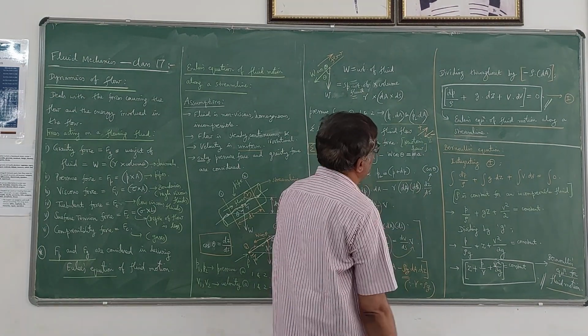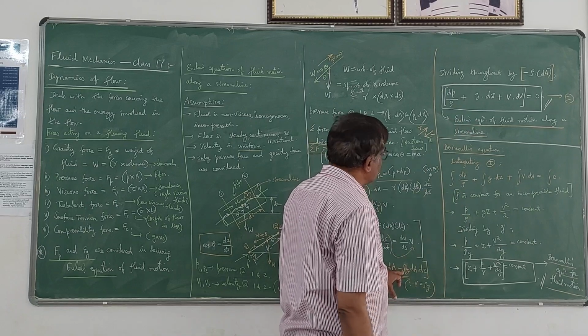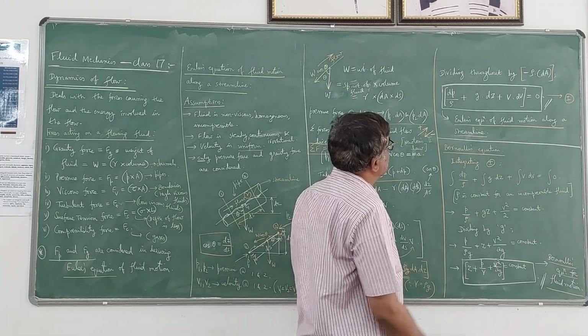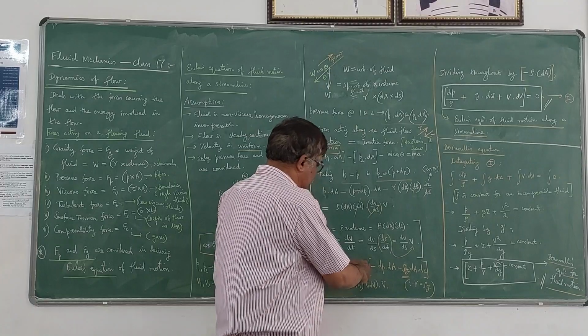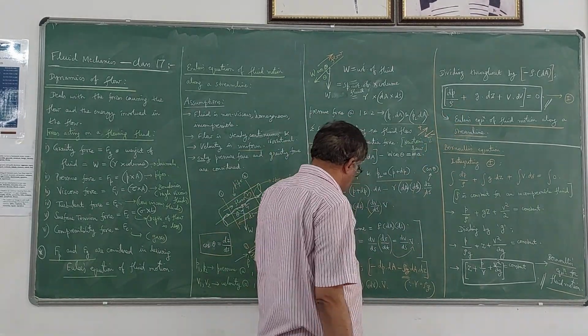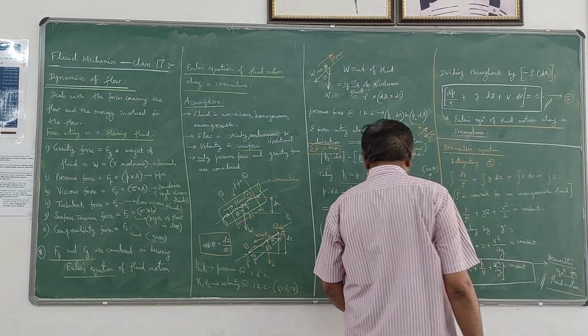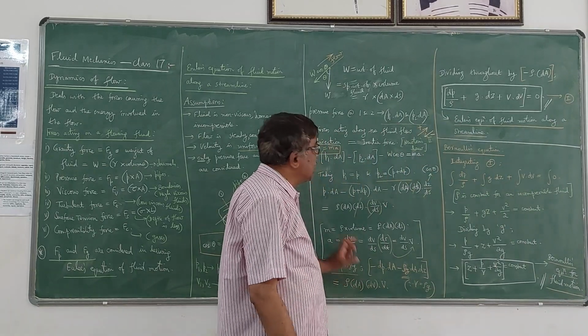The second term, minus divided by minus becomes plus, rho will get cancelled, dA will get cancelled, and you will be left with g into dz. Then the RHS, if you bring it to the LHS it becomes minus, once again minus divided by minus becomes plus, rho into dA will get cancelled, and you will be left with only v into dV. The RHS becomes 0 because I have brought it to the LHS.